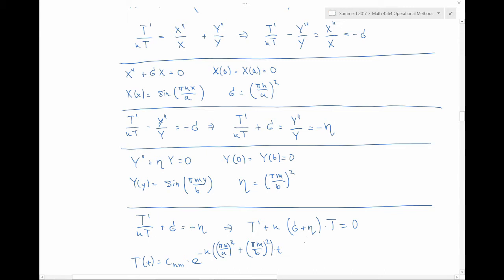You can easily see that if we had a z in this equation, then first we would single out x and leave y and z together with t. On the next step, we'll single out y, leaving t and z together. And then the next step, we'll single out z, leaving t with all the constants. And then when we solve for t, we'll just assemble 3 constants, and we get the equation for t that will have all 3 constants in it. So it's easy to expand this to 3 dimensions.